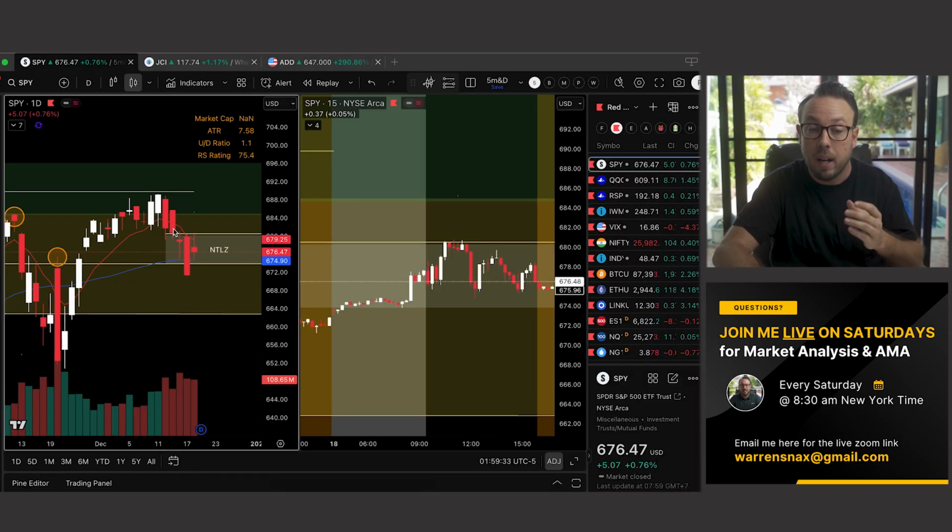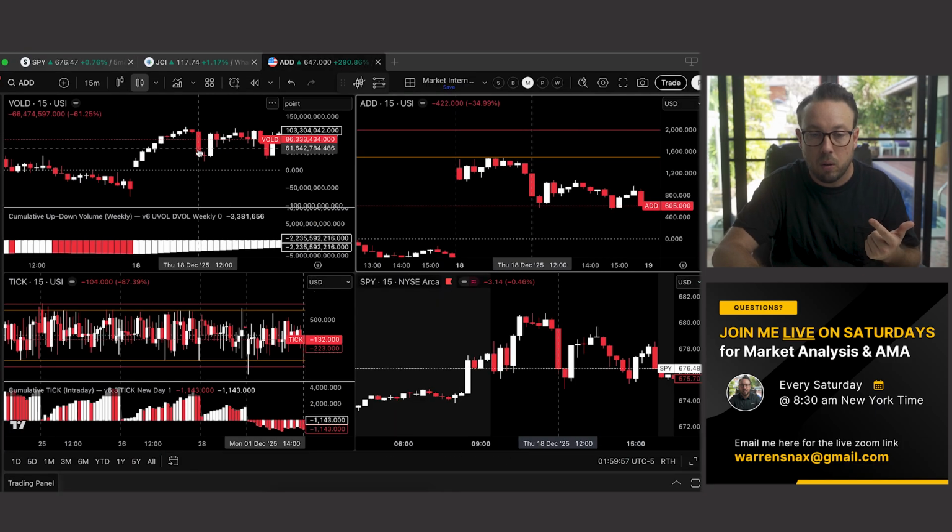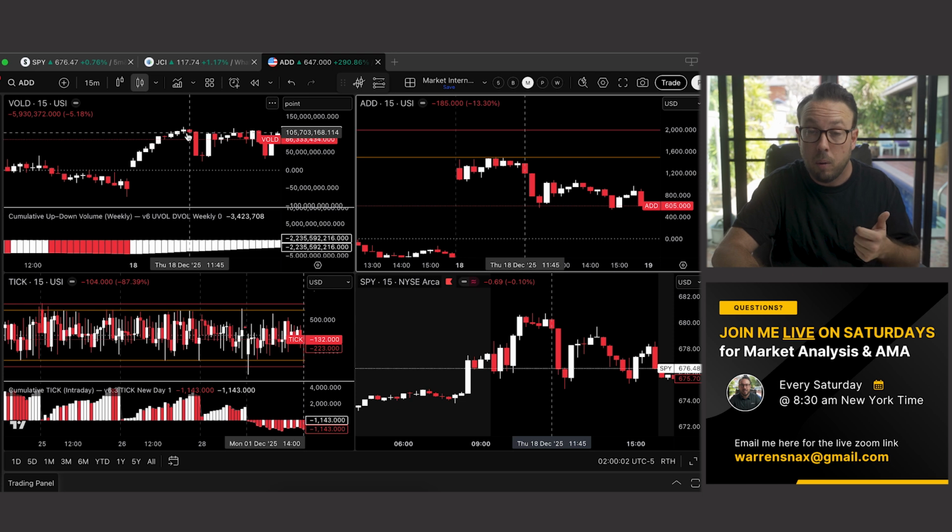So I was looking possibly as we were testing this 680 level. I had some favorite names that I was watching, and I was considering an entry, but I noticed first on the 5-minute, hey, we're stalling right at major resistance. Caution flag number 1. Then I look over into the market internals. It's 11:45. Well, the up-down volume has stalled as well.